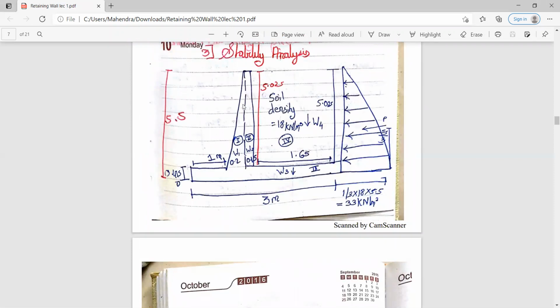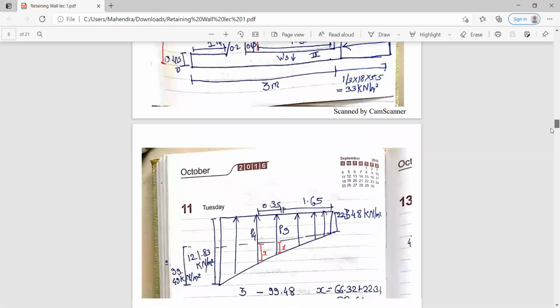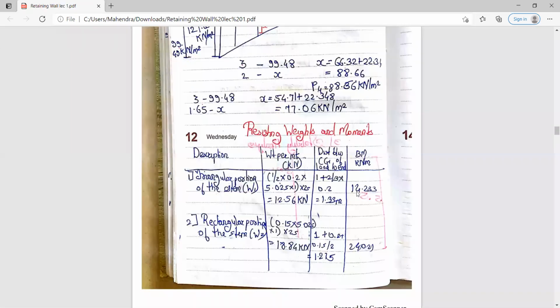See your diagram: 1 is this distance, and then the distance to the centre of the triangular portion. Then you calculate the moment. For the bending moment, multiply weight into distance, that is 12.56 into 1.33. You get the bending moment, 14.233 kilonewton meter.